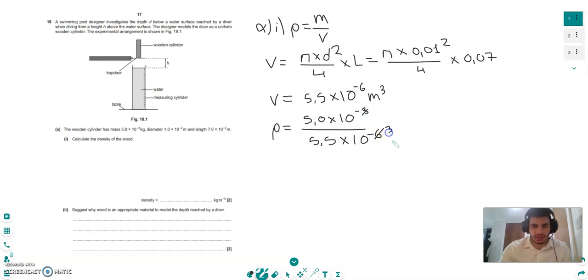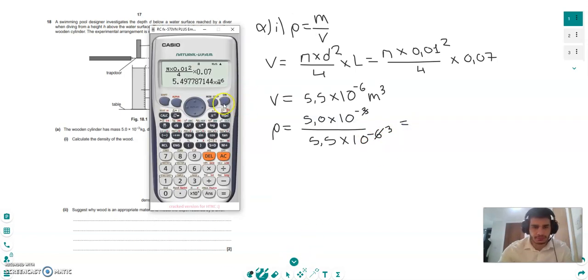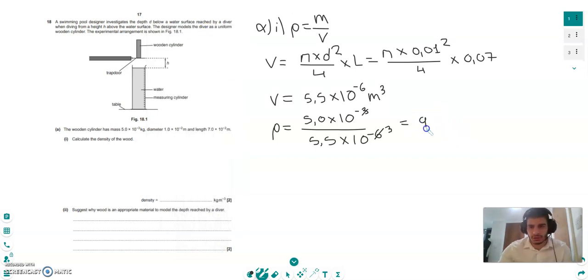We can do some simplification here, and what we get is 5 divided by 5.5 times 10³, and that is equal to 910 kilograms per meter cubed, and that's to 3 significant figures. Okay, let's move to part II.